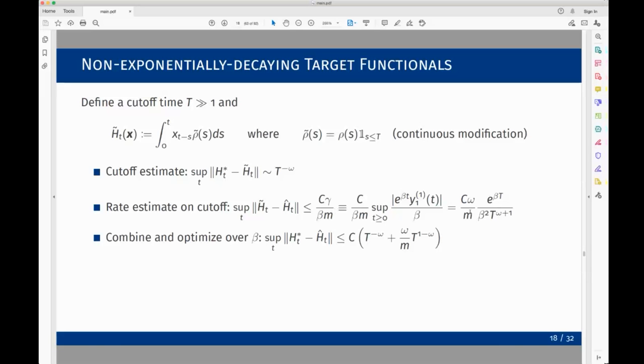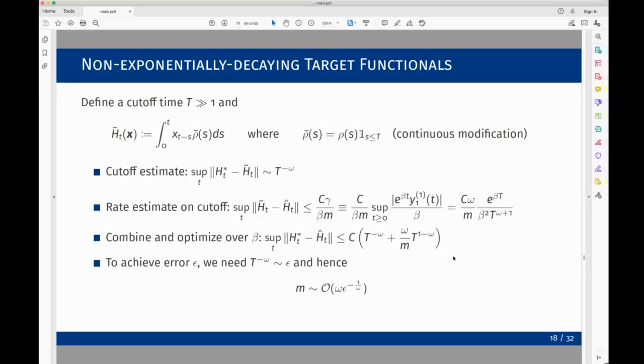After some simplification, we can finally get an error estimate in such a form: C times T to the power of minus omega plus omega over m to the power of T times T to the power of 1 over omega. To make sure we achieve an error of order epsilon, we require T to the power of minus omega to have the same order.